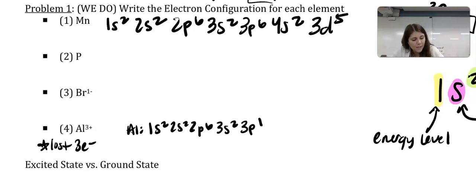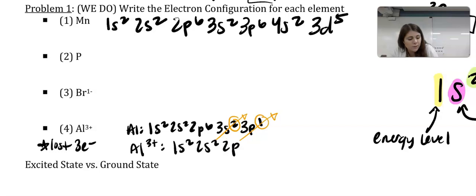And so here I'm going to remove this one and this one. So this actually ends up making aluminum 3 positive, 1s2, 2s2, 2p6, because we removed those 3 electrons.